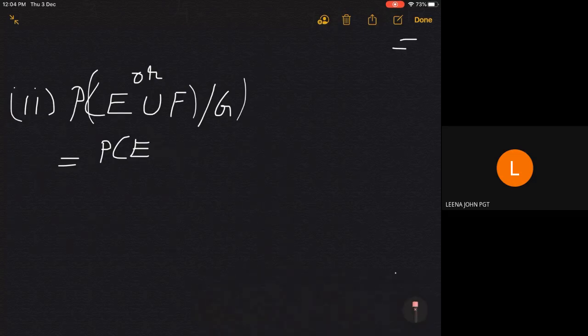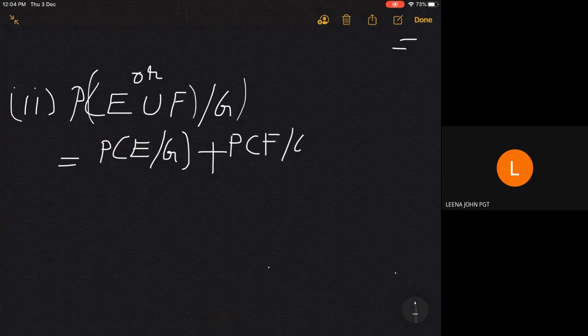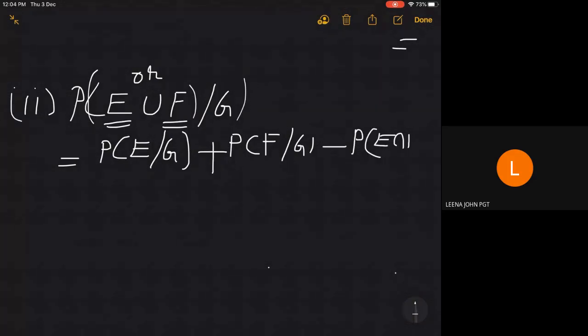E with the condition means what will you write? P of E given G plus P of F given G, minus P of E intersection F given G.